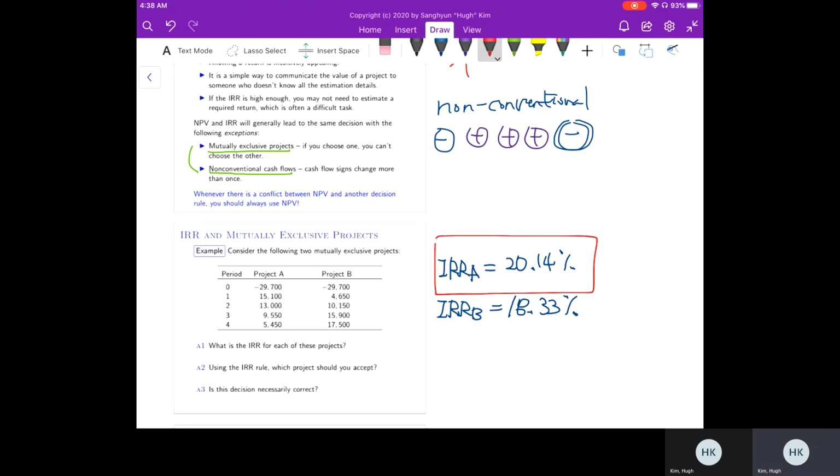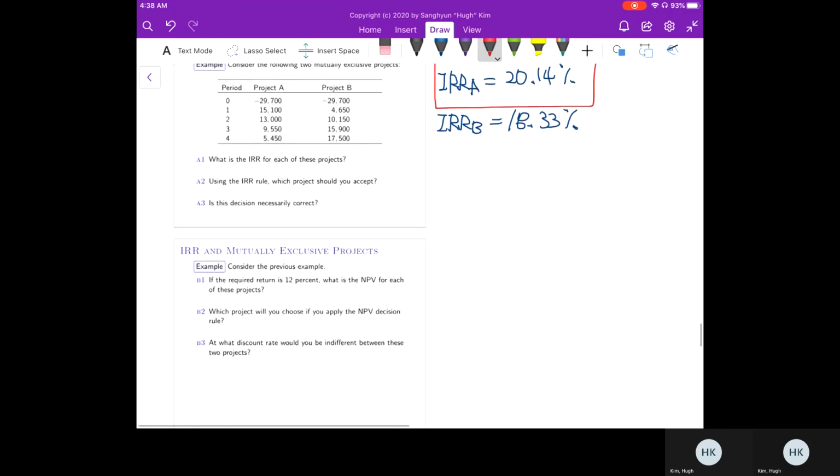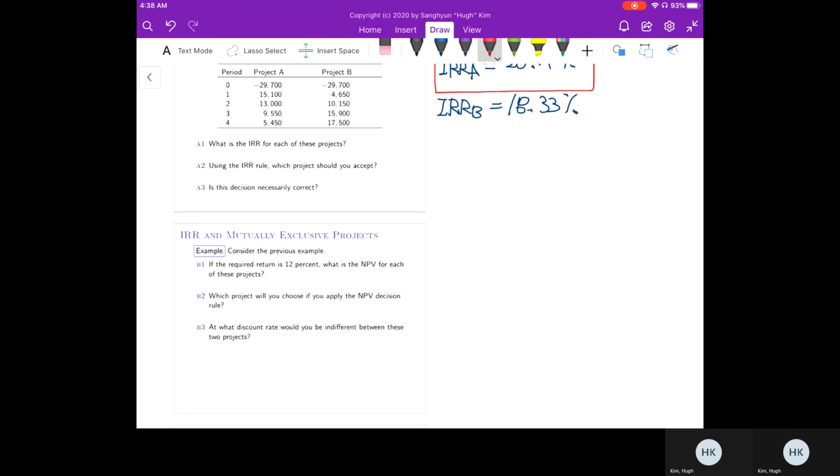The answer depends on the required rate of return. So let's say the required return is 12% for both projects. Here we use the same discount rate because both projects have a similar level of risk.